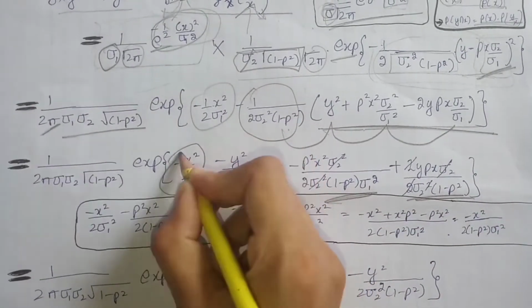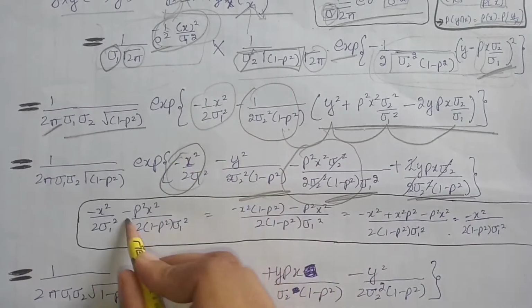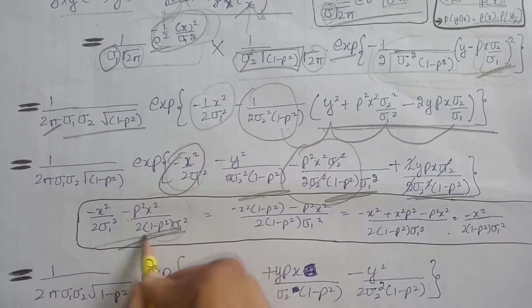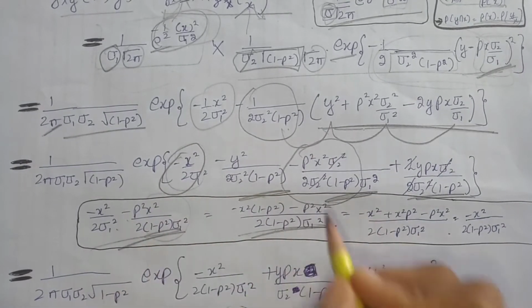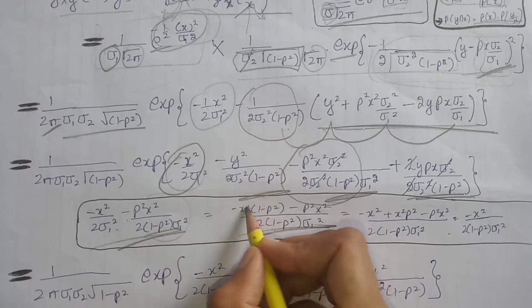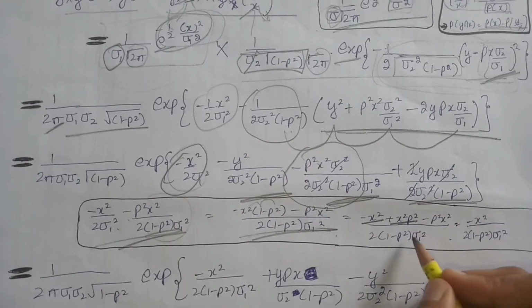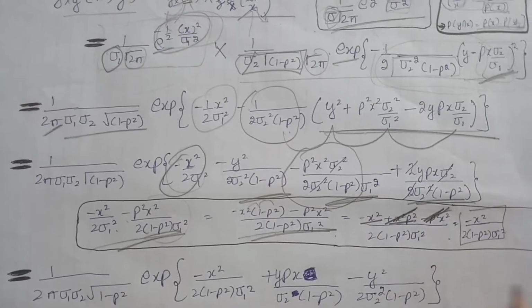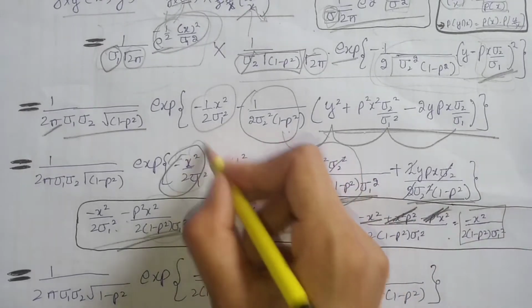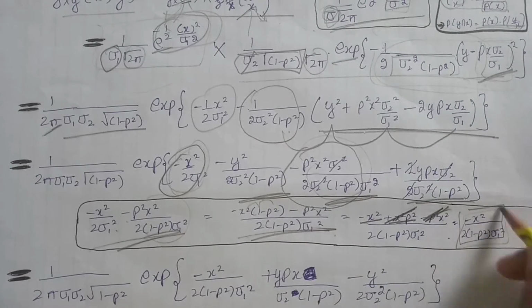Now we want to solve firstly these two terms, that is this term minus this term. Firstly we take the LCM of these two terms, then we multiply minus x square with these two terms to get this answer, and then after doing cancellation we get this answer. That means now at the place of these two values we just have to write this value.